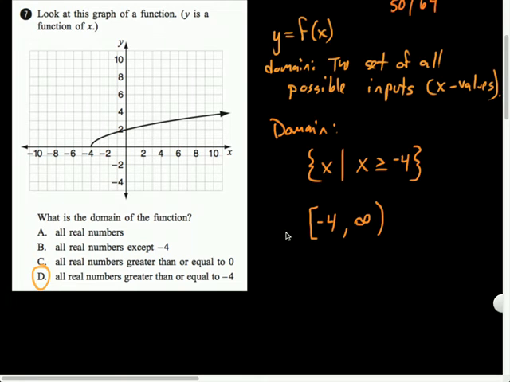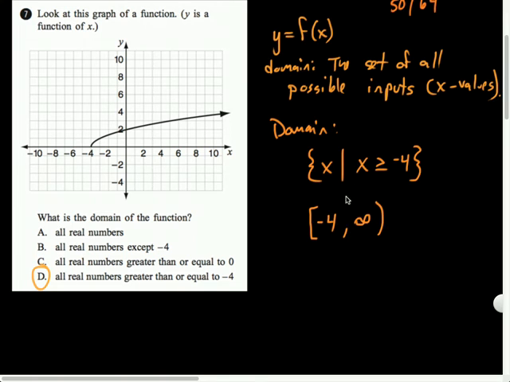For instance, if I was trying to describe B, I would say the domain goes from -infinity to -4, but not including -4, and then from -4, but not including it, all the way to infinity. The reason the infinity has the parenthesis rather than the square bracket is because you'll never get it equal to infinity. Infinity is more of a concept than a number, so that doesn't quite work out that way.